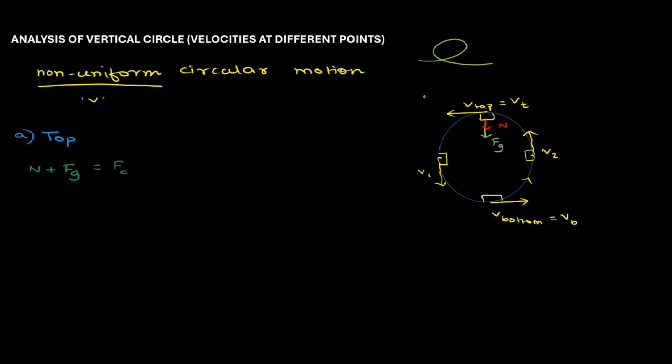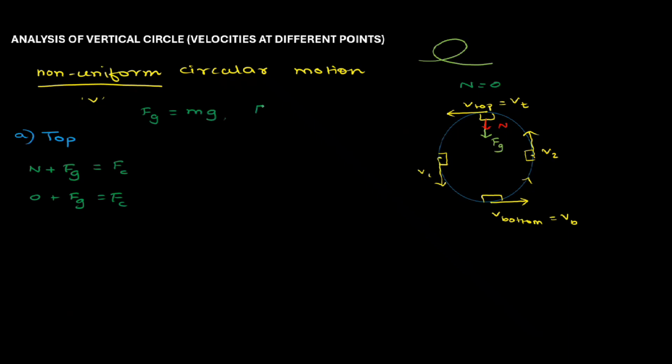Now in a vertical loop, at the top of the loop, the passengers generally feel weightless. And if the passenger needs to feel weightless, the normal force acting on the passenger must be 0. So if my normal force becomes 0, I get the force due to gravity to be equivalent to Fc. Now force due to gravity Fg is given as m times g.